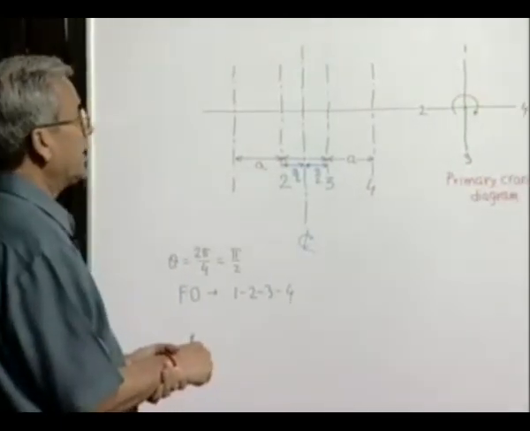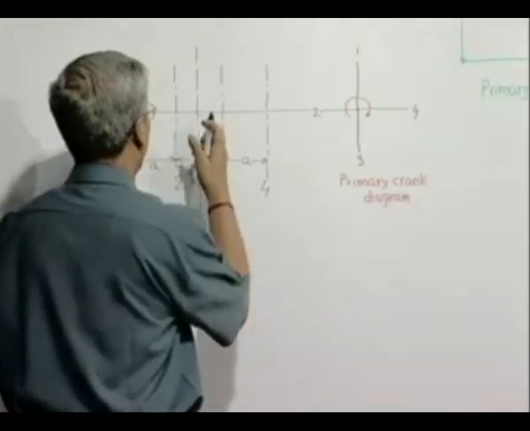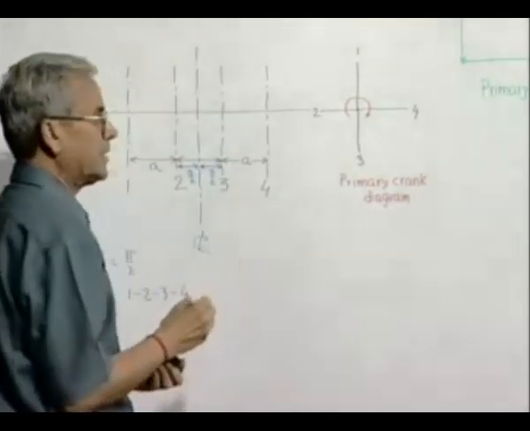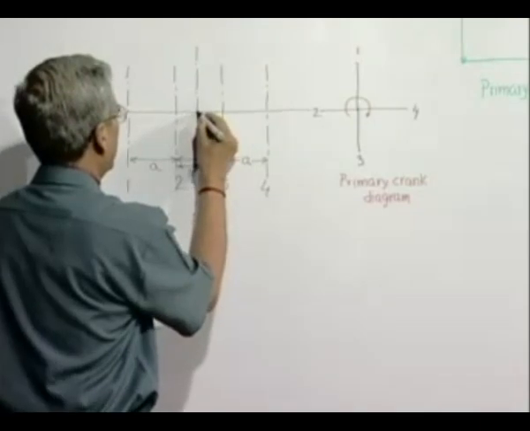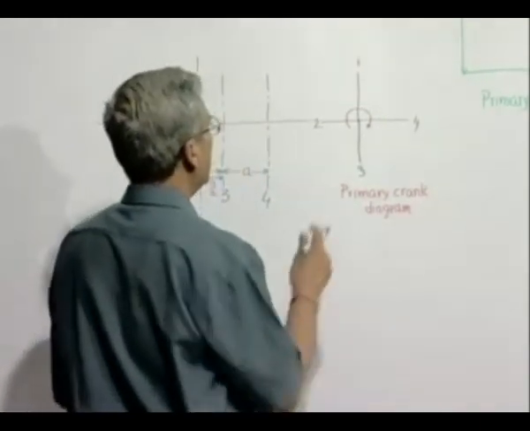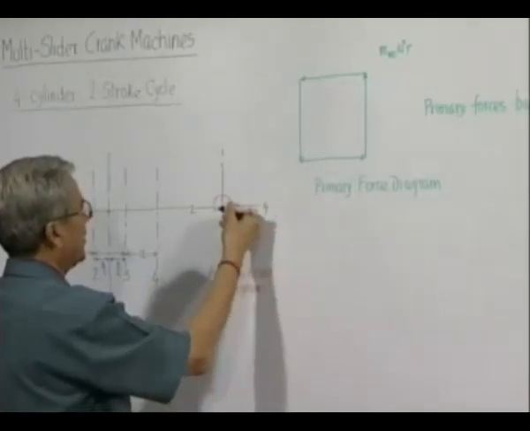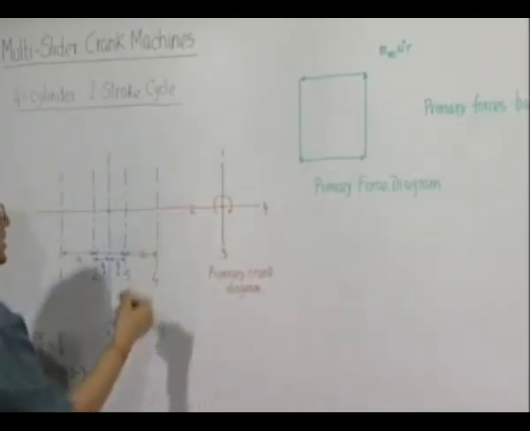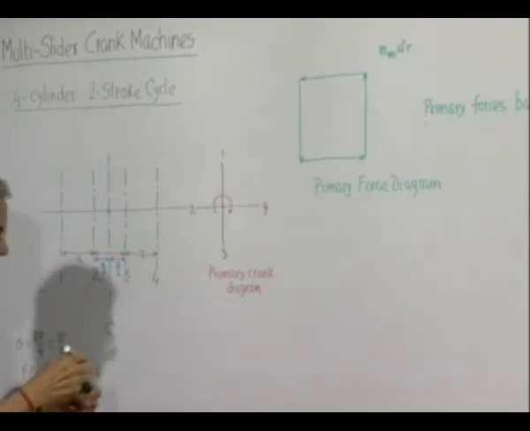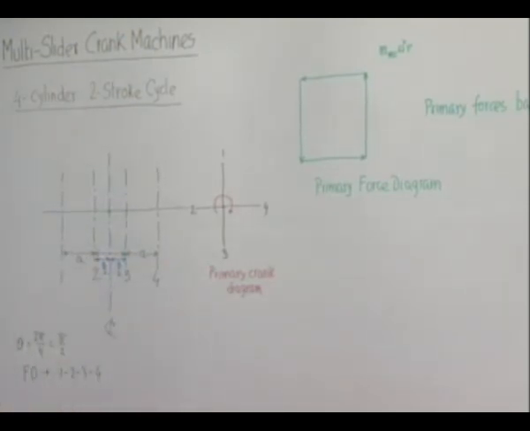Next, let us see primary moment. Primary moment we always measure about the engine center line, about this point. Now, again remember that what we have seen, we have drawn viewing in this direction. So the moment diagram also we can do, and we have seen previously that there are 2 ways of handling.